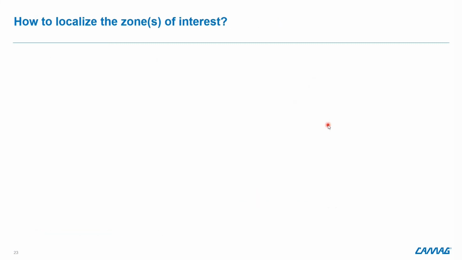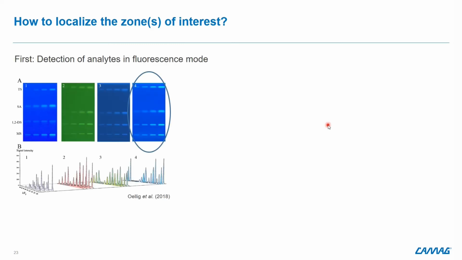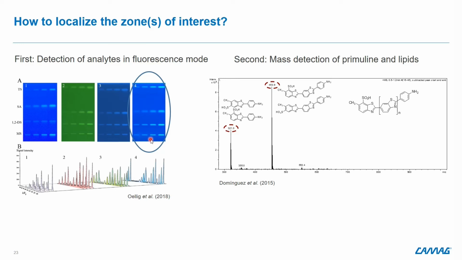How can we select the zones of interest? In the detection step, all zones of interest from different detection modes can be selected for elution using the VisionCat software. And the lipids are best detected with Primuline in fluorescence mode. And in the MS, the primuline and the lipids will individually be detected because primuline is not covalently bound by the lipids.